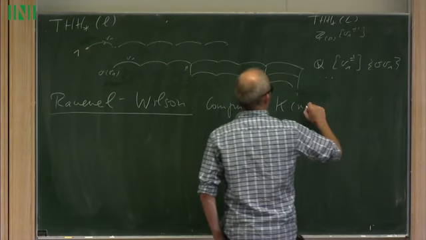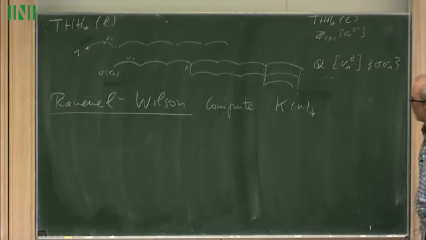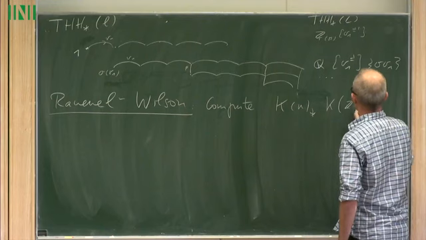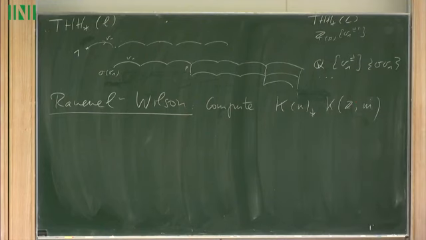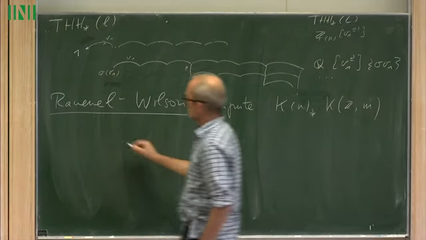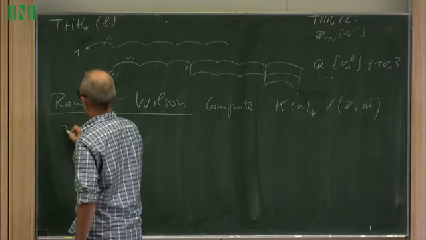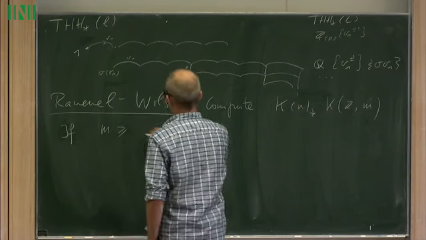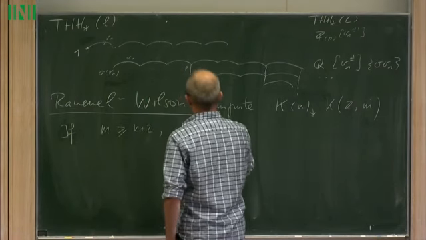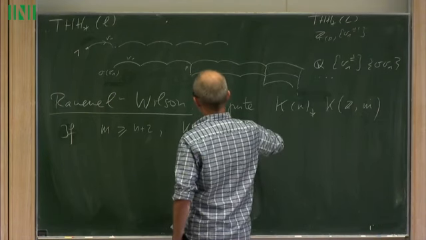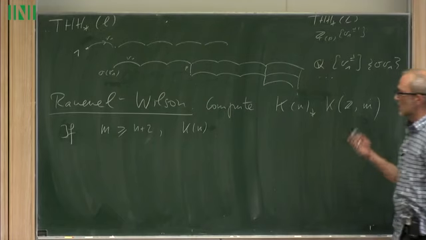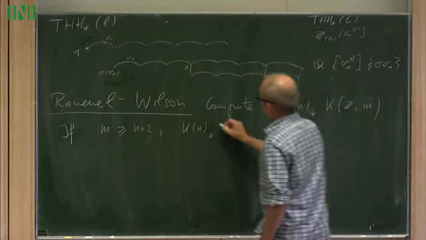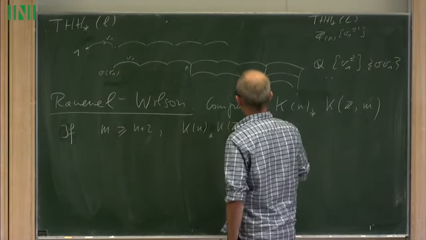So they computed quite generally the Morava K-theory of Eilenberg-MacLane spectra. Let's just take Z here, and they show that if m is greater or equal to n plus 2, then for Morava K-theory, the Eilenberg-MacLane spaces are just like points. They won't see the difference between a high-dimensional Eilenberg-MacLane space and a point.